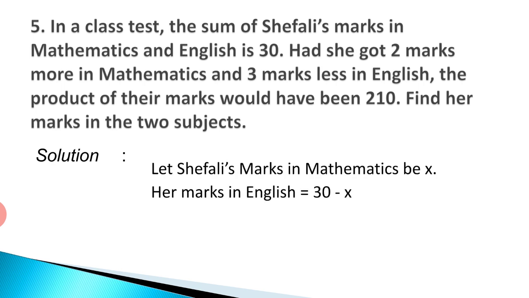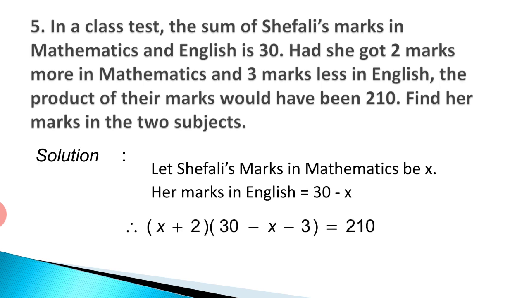So let Shefali's marks in mathematics be x. So naturally her marks in English will be 30 minus x, because their sum of marks is 30. So English will be 30 minus x, as x are the marks in mathematics.